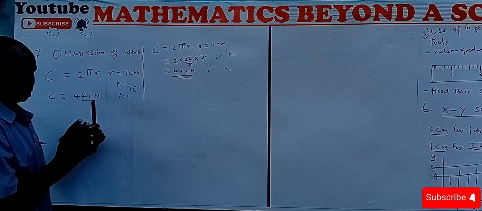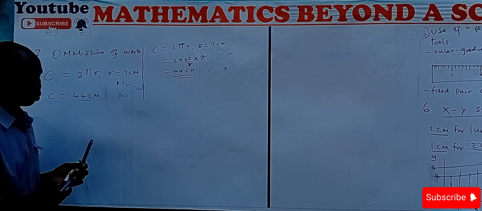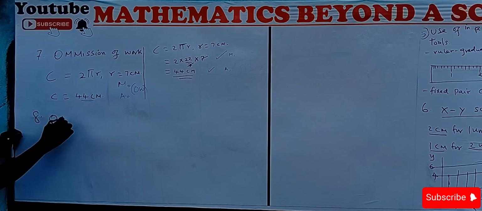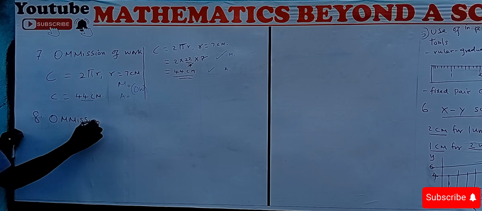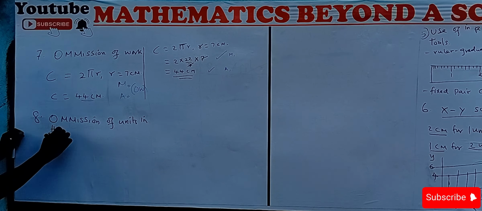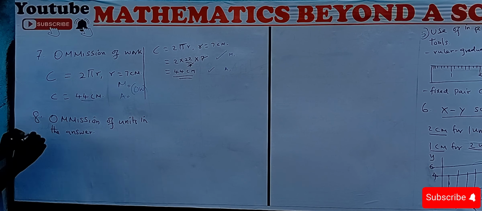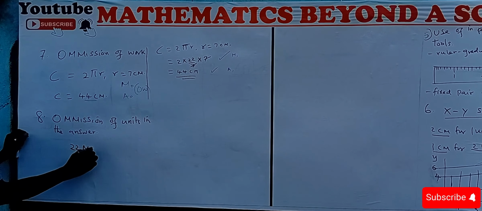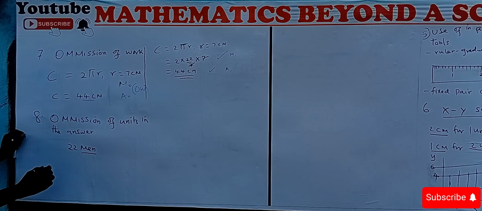Very clear work. There is another one, number 8, omission of units in the answer. For example, if the answer was 22 men, and you don't write men, you only write the answer as 22, here you will be penalized.